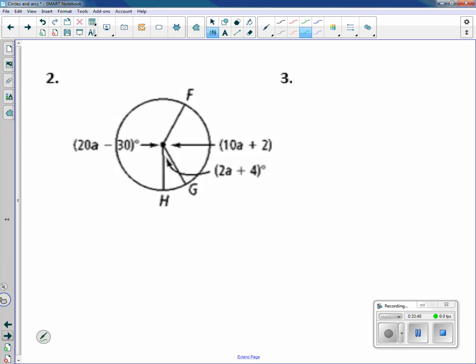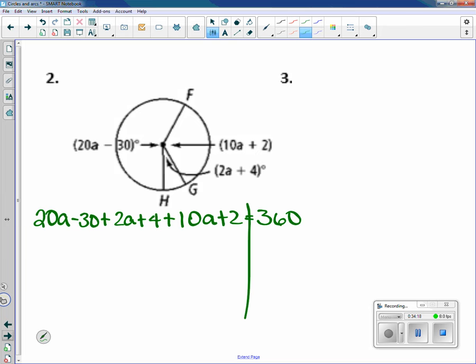This is problem number 2. This is the measurement of all the degrees. What do all the central angles add up to? 360. So in order to solve this, I have to do 20a minus 30 plus 2a plus 4 plus 10a plus 2 is equal to 360 degrees.